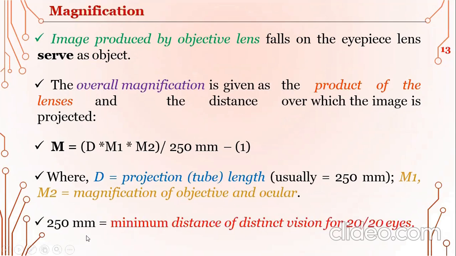The 250 millimeter is the minimum distance of distinct vision for a 20/20 eye, which is normal eyesight.